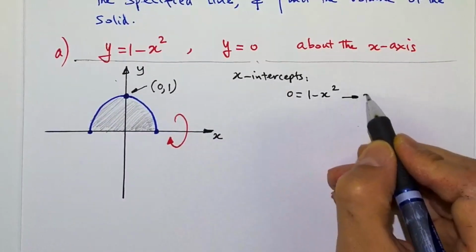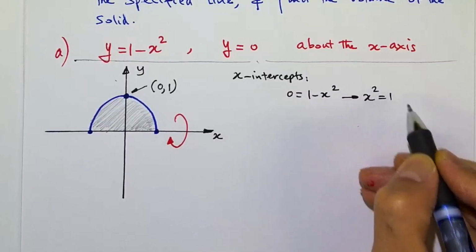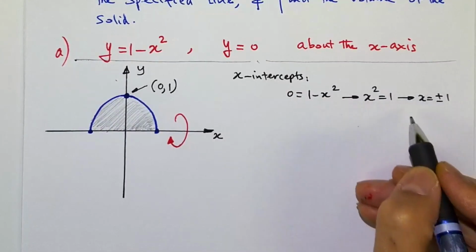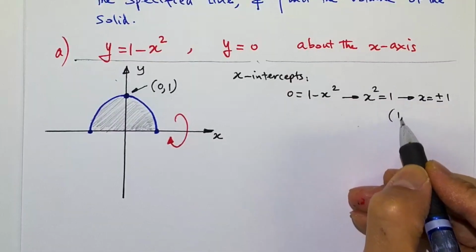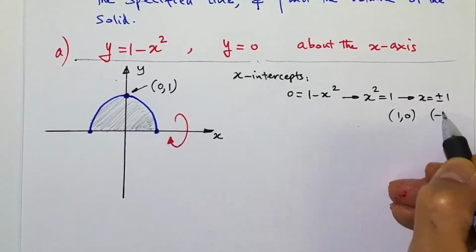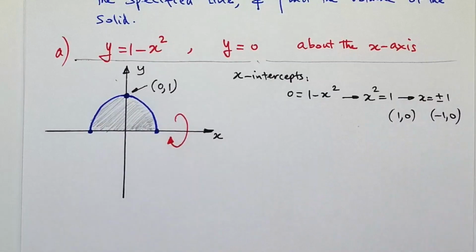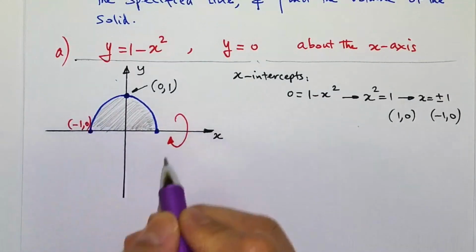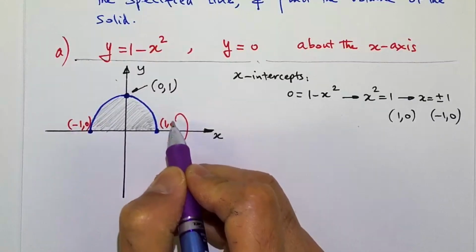So from that we have x squared equals 1, and then x equals plus or minus 1. So we have (1, 0) and (-1, 0) as our x-intercepts. So let us identify that. This would be (-1, 0), and that would be (1, 0) right there.